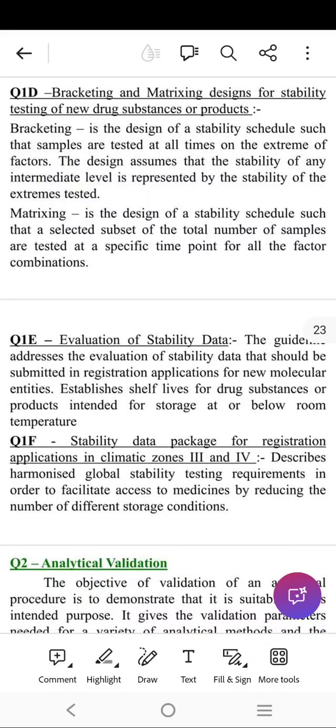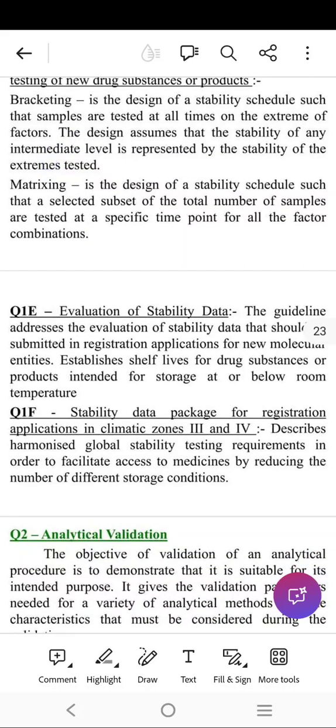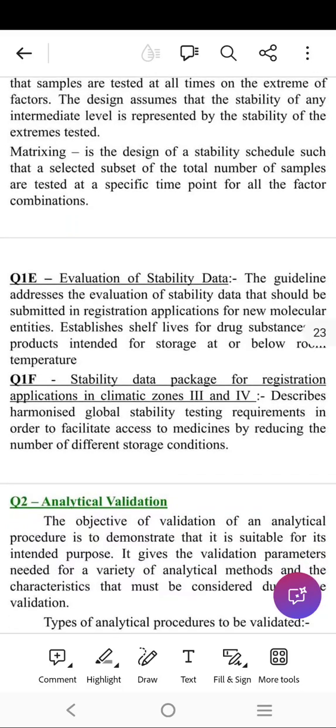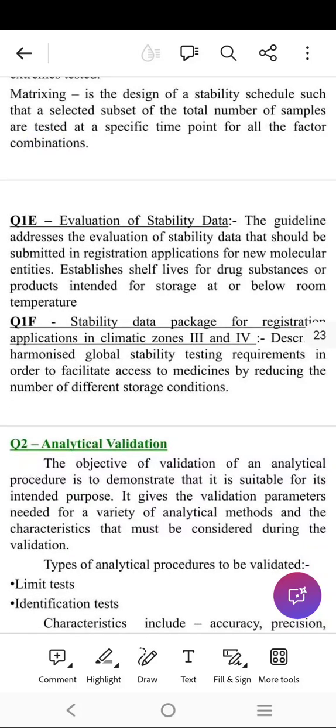Q1E, evaluation of stability data. This guideline addresses the evaluation of stability data that should be submitted in registration applications for new molecular entities, establishing shelf life for drug substances or products intended for storage at or below room temperature.